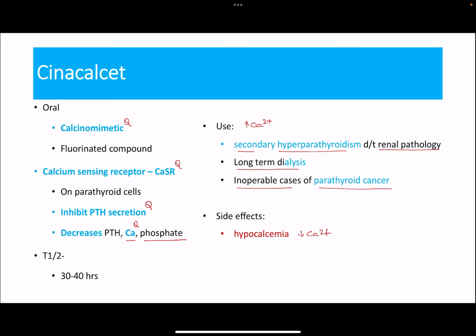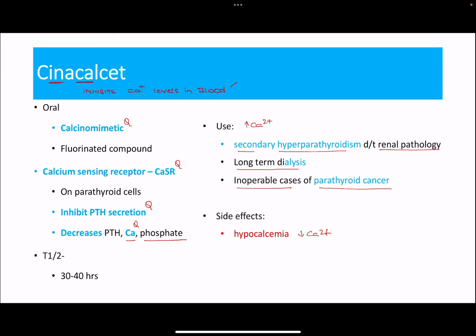How to remember? Cina means you can, I means it inhibits, what is Ca? Calcium levels in blood, or it inhibits the calcium levels or the concentration in the blood.